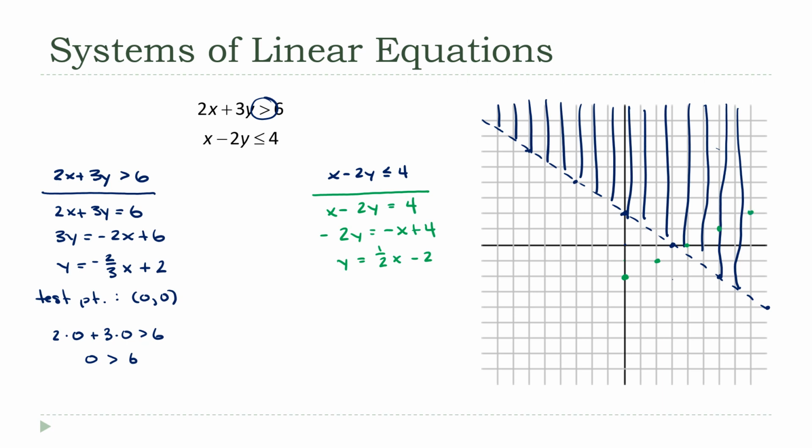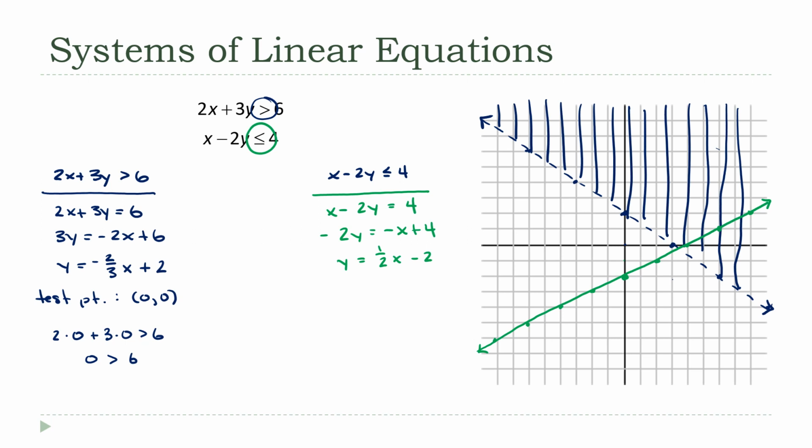I'm going to do that several times. There we go. And I want a solid line here because this is less than or equal. So I'll do a solid line through those points. Not too bad. And I should have put arrows here too, shouldn't I? Oops. Should have put arrows on the ends of both lines.